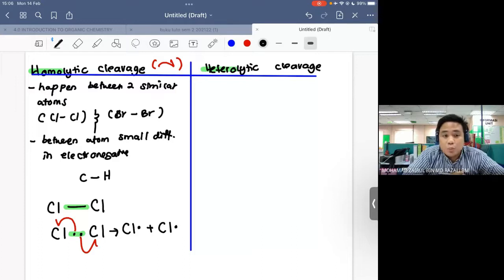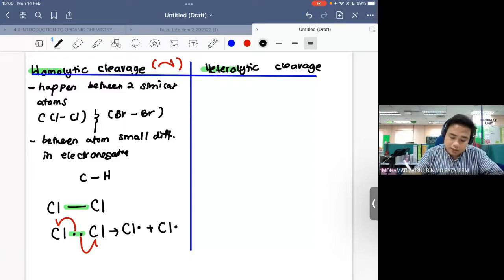Itu kita panggil sebagai homolytic cleavage. Maknanya kita akan break the bond itu dan kita akan bahagikan elektron itu secara sama rata. So dalam satu bond ada 2 elektron, atom yang kiri dapat 1, atom yang lagi 1 dapat lagi 1. Since we only transfer 1 electron, so we represent by using a half-headed curly arrow.